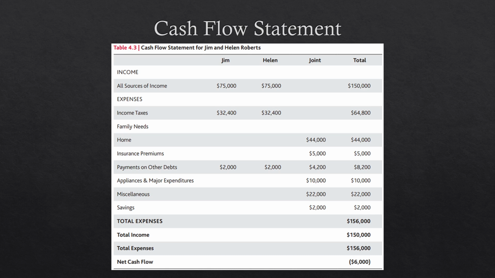Maybe you can get more out of your investments. And so the cash flow statement, it does come into play a lot when you are doing retirement planning, just trying to figure out how much income someone might need. It is good to do a cash flow statement or a budget just to show the inflows and outflows for that person and how much money they might need to cover those expenses.